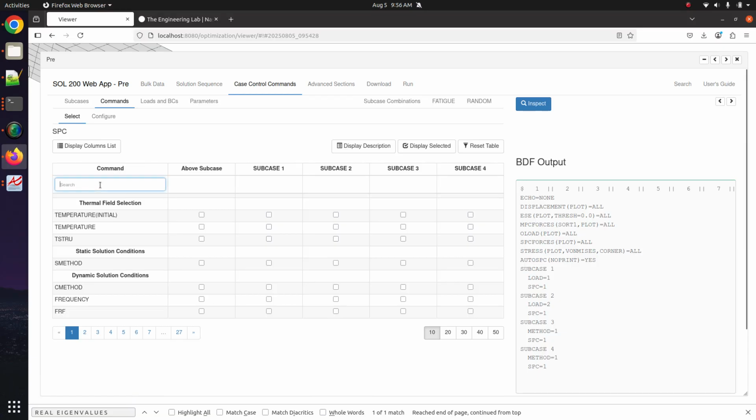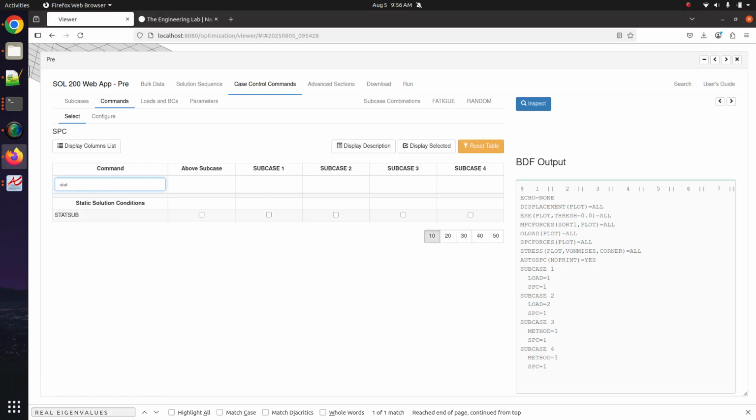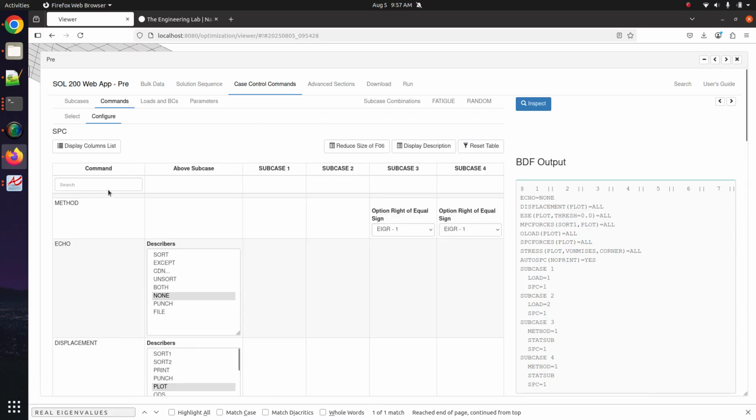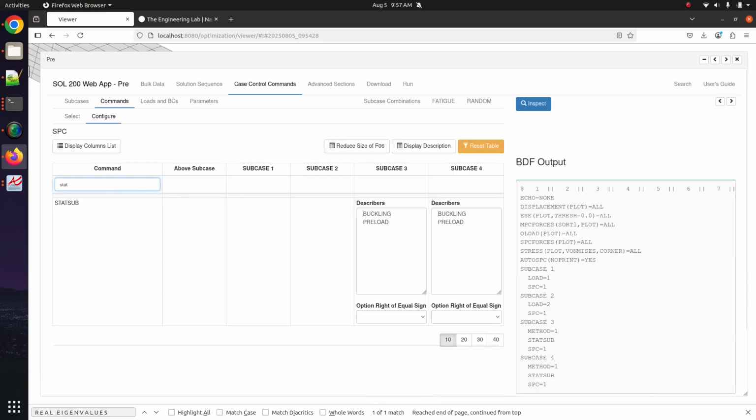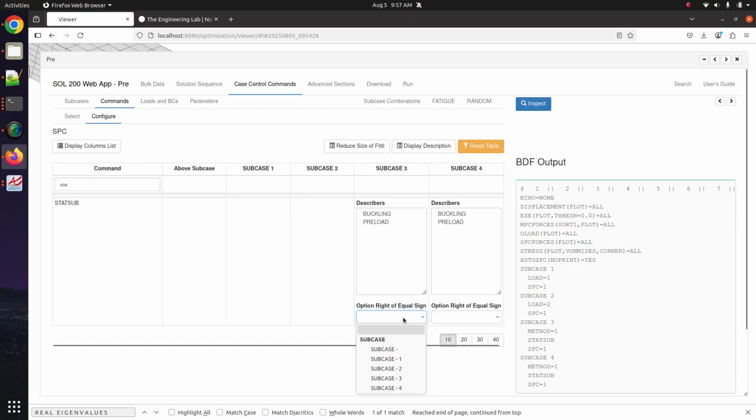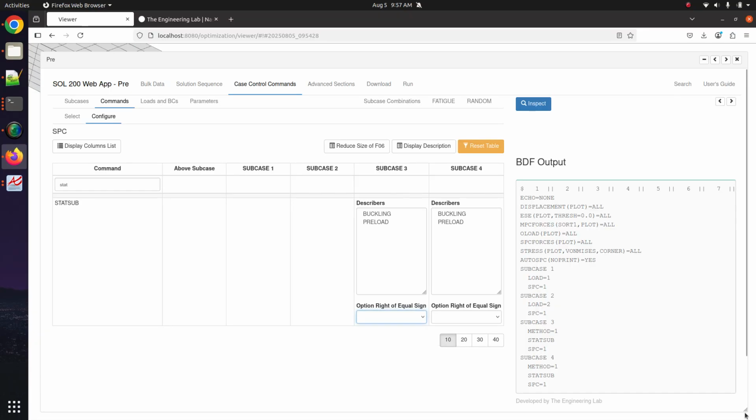So let's go back to select here and look for STATSUB. We'll add it to subcase 3 and 4. We'll go to configure, and here we'll search for STATSUB. Here we'll say for subcase 3, use the results from subcase 1 and perform the buckling analysis.